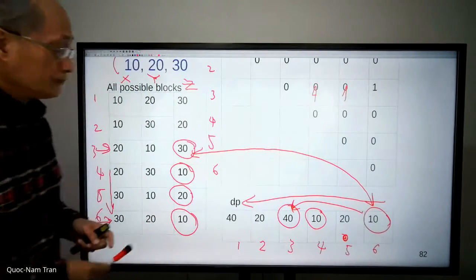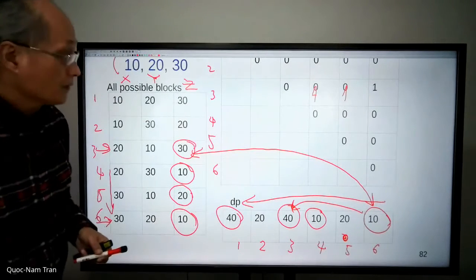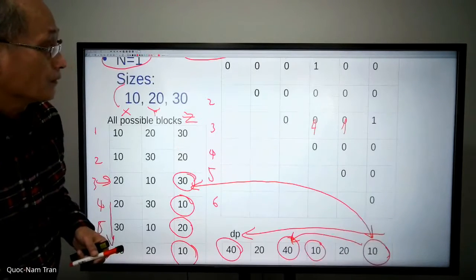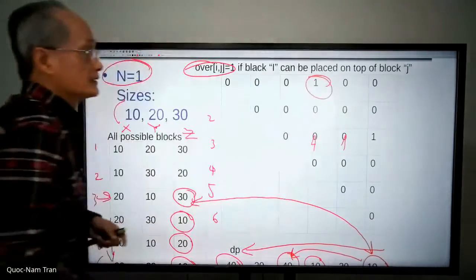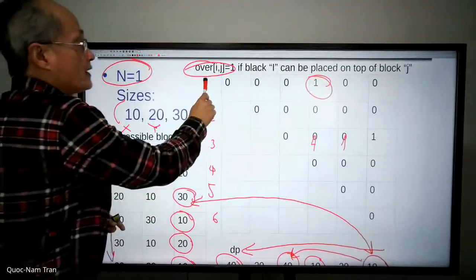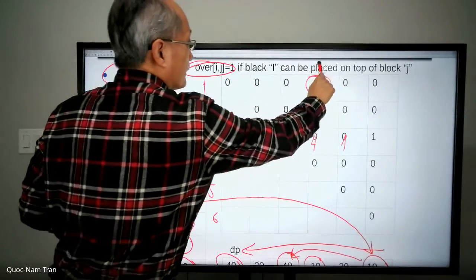Okay. So similarly, for this one, we have only one situation that 1 can be put on top of 4, right?